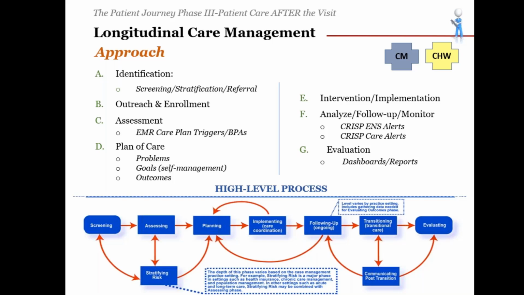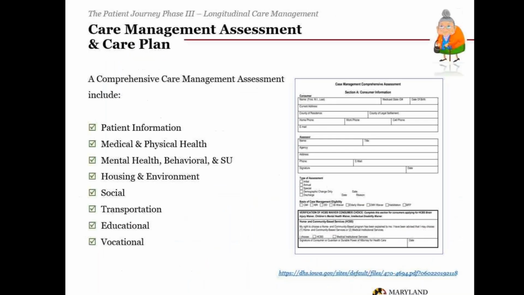Okay, so fast tracking again: care management assessment. That's a link there if you have the slide, when you talked about having a comprehensive care management assessment tool. This is one that we recommend you look through and think about.